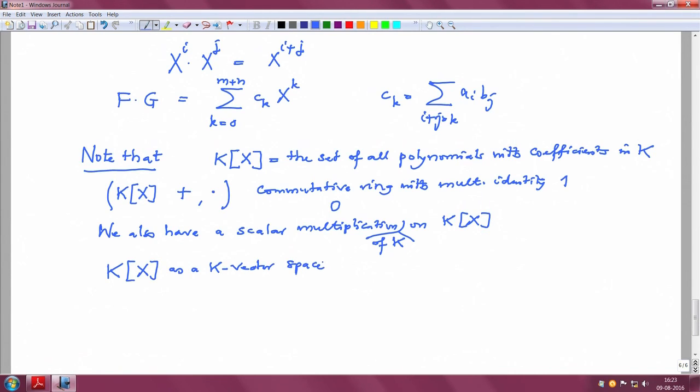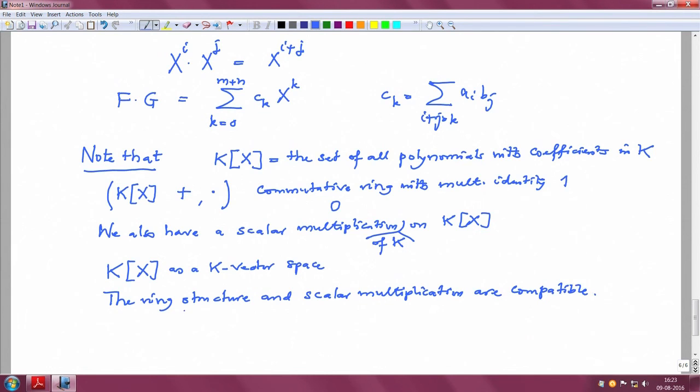And it is very trivial to see that the commutative ring structure and this vector space structure are compatible with each other. So I will just say that the ring structure and scalar multiplication are compatible with each other.